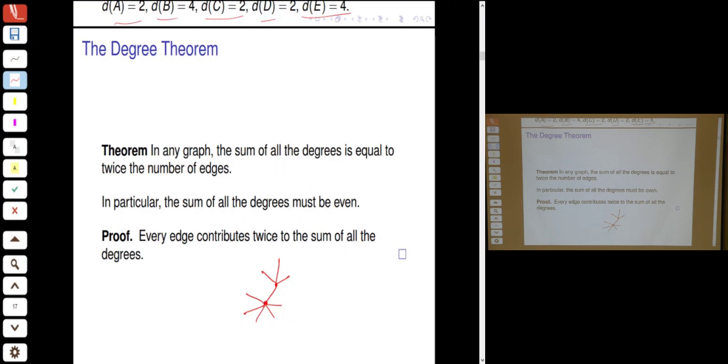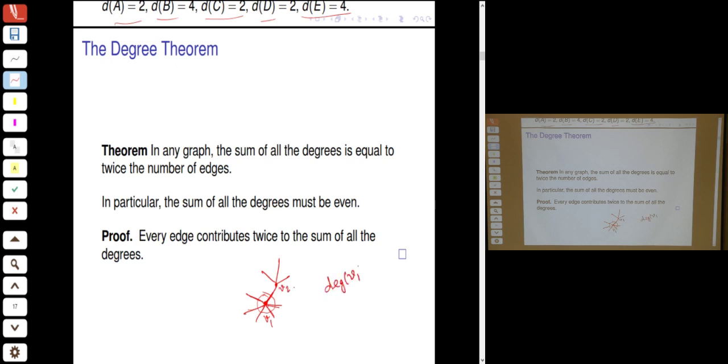So, you are summing the degrees over all the vertices. When you look at the degree for this particular vertex, you are basically counting 1 for each edge which is incident on this vertex, right. In particular, you are counting 1 for this edge. Okay. So, let us call this vertex V1 and this vertex V2.